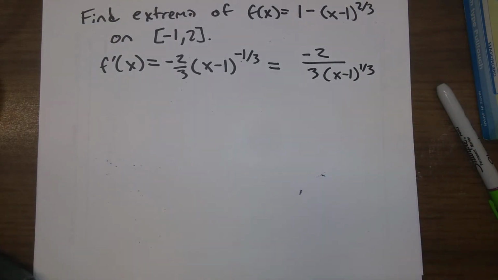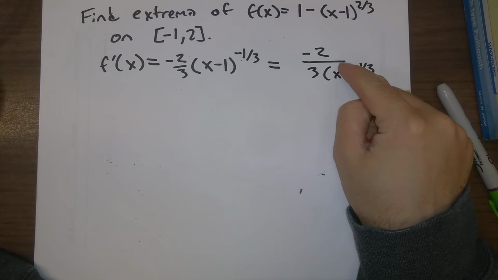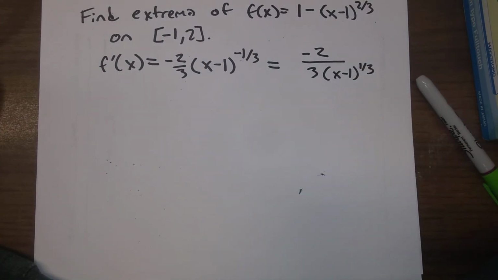So we can ask, when is this equal to 0, when we're trying to find critical points? Well, a fraction is equal to 0 exactly when the numerator is equal to 0, and the numerator is -2. There are no points at which this function has derivative equal to 0.